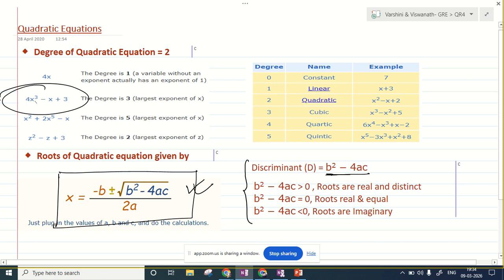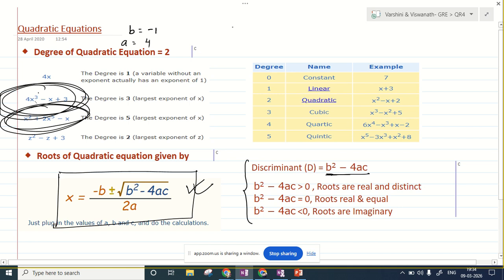So in this equation, what is b here? Tell me, what is b here? It is the coefficient of x, minus 1. What is a here in the equation? Coefficient of x cube, that is 4. This is a cubic, and this is the quadratic.